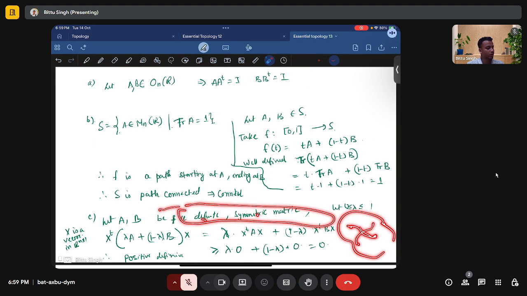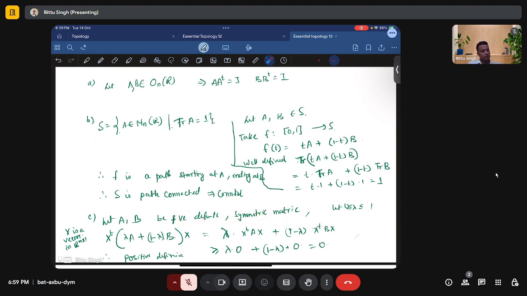Any two points can be connected by this linear path. Path connected implies connected.